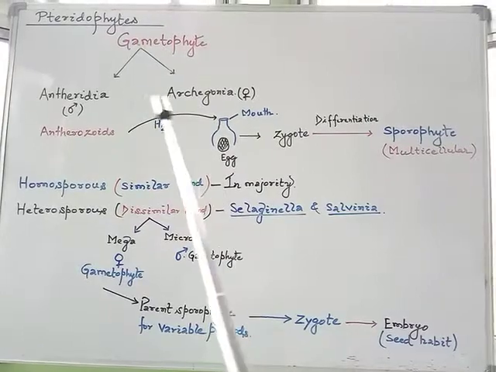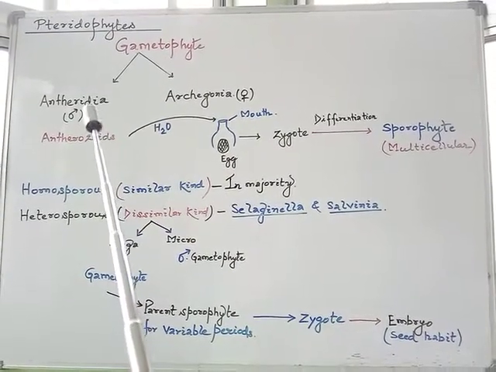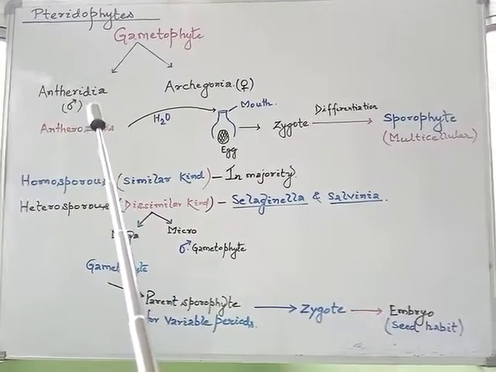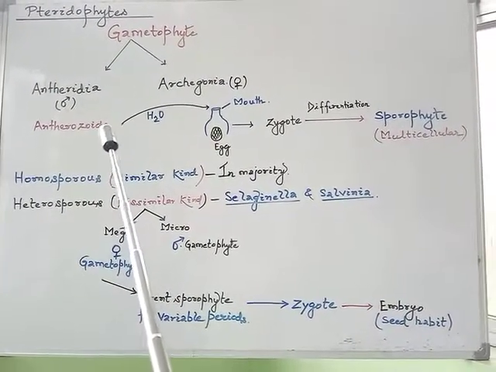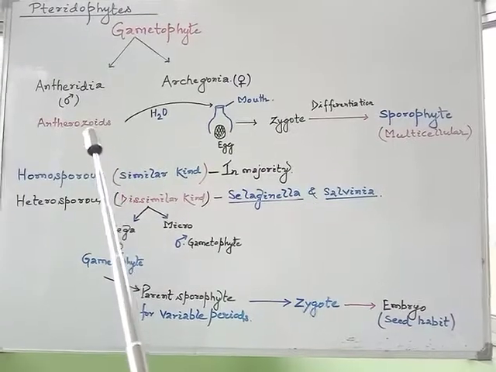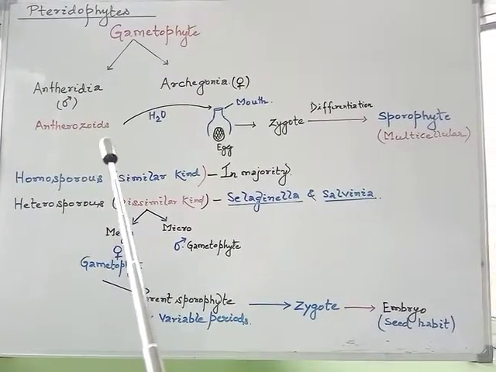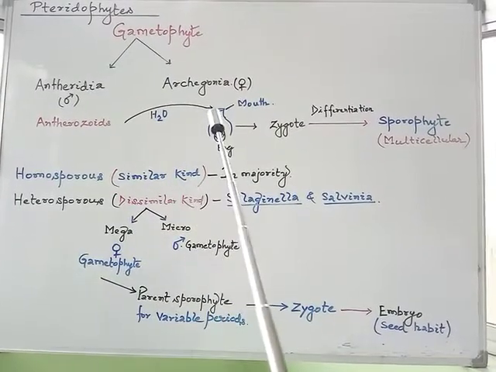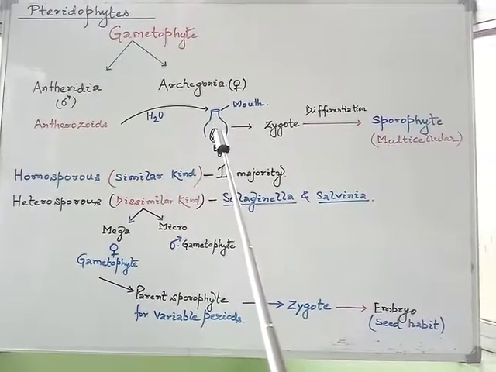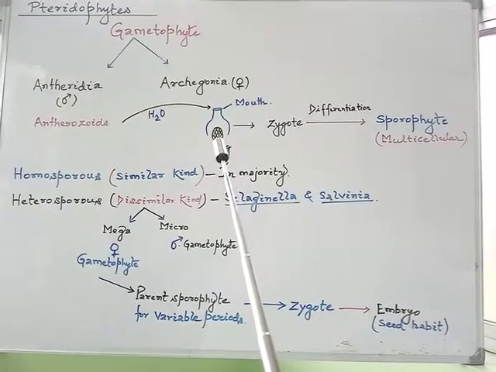The antheridia bear the male gametes, the antherozoids, and as these antherozoids are smaller in size and motile in nature, they require water to reach the mouth of the archegonium, where one fuses with the egg cell.